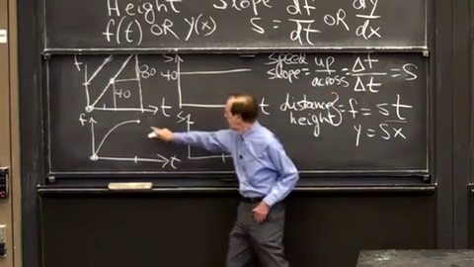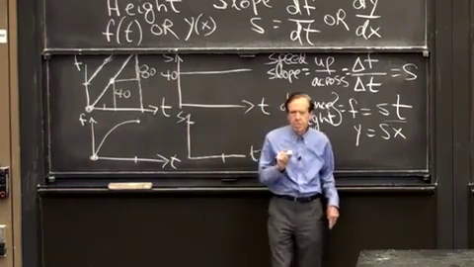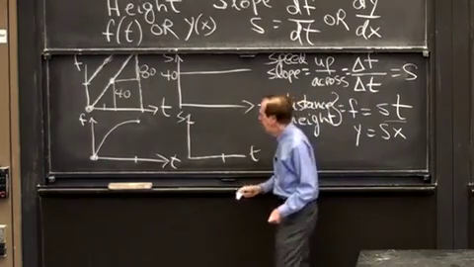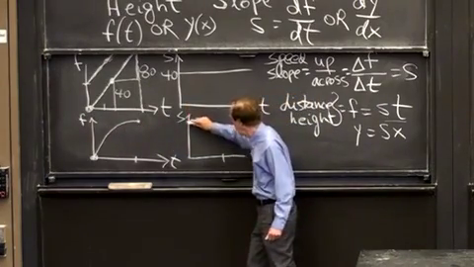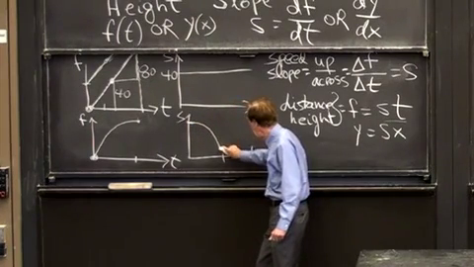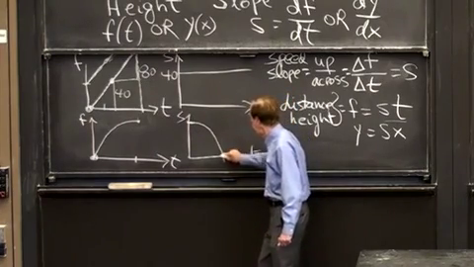Do you see what is the speed at that moment? The speed at that moment is 0. The car has stopped. The speed is decreasing. Let me make it decrease, decrease, decrease, decrease.